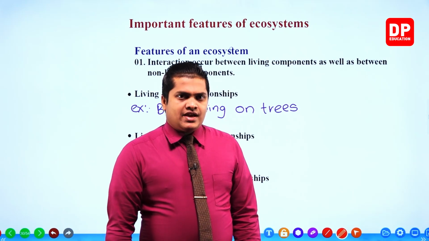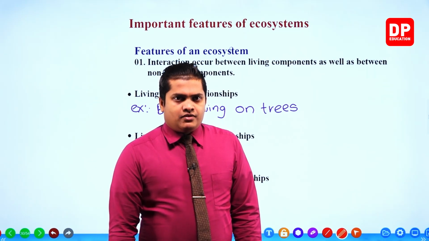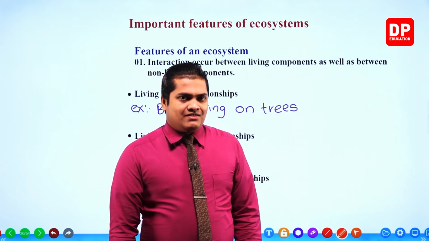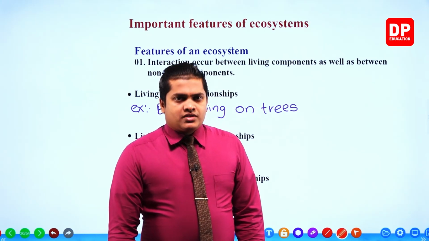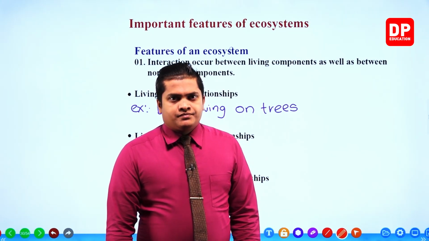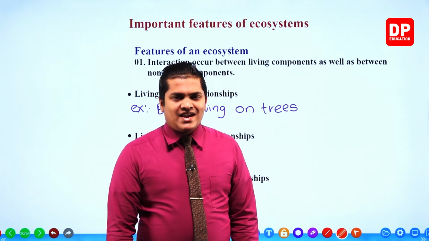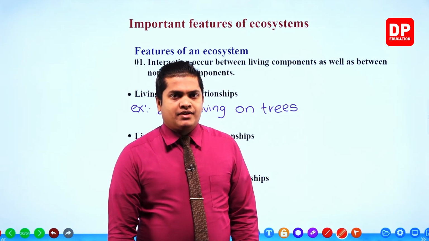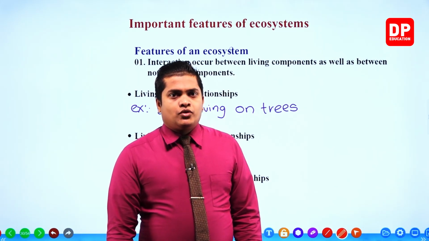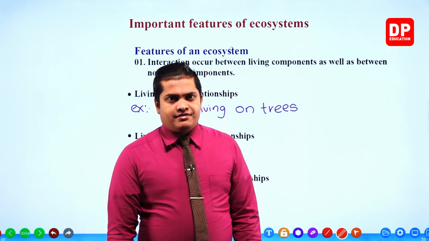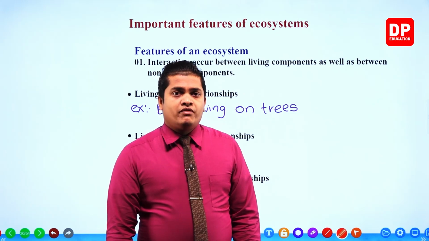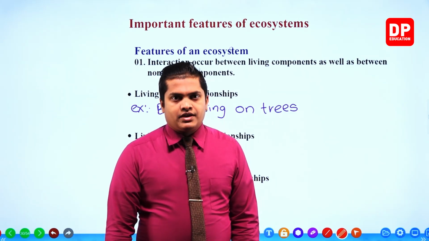You need oxygen gas to survive. For your survival, oxygen gas is very important. Oxygen gas is a component, a type of material, so it doesn't have a life. It's a non-living thing. However, you guys are living.